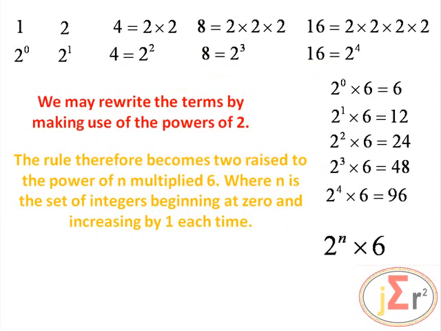If we do that, then we will have all of the terms that we had on the previous slide: 6, 12, 24, 48, 96. 2 to the power of 0, which is 1, times 6 is equal to 6. 2 to the power of 1, that's 2 times 6, is equal to 12. 2 to the power of 2 times 6 is 4 times 6, which is equal to 24. And we are going up by powers of 2 each time. And that will be our rule.